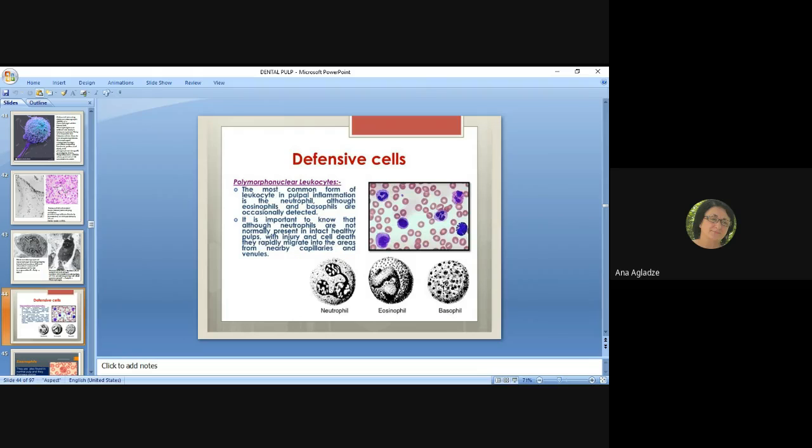And the third type, the basophil, which contains heparin and histamine, you can see here it has abundant granules which obscure the nucleus, and the nucleus also is bilobed.